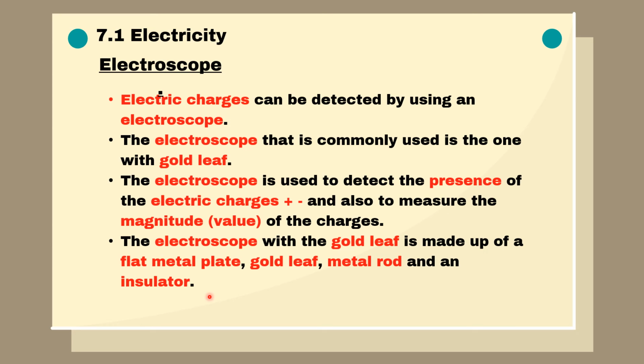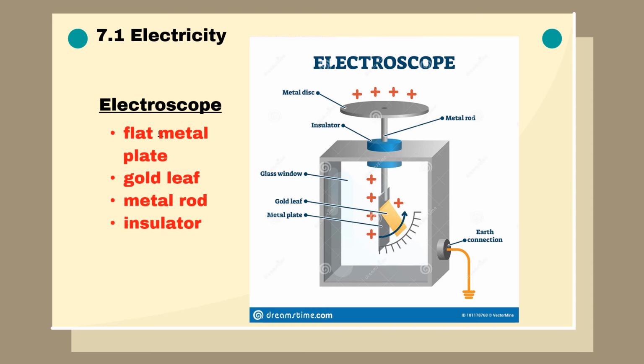The electroscope with the gold leaf is made out of a flat metal plate, gold leaf, metal rod, and an insulator. This is the structure of the electroscope.